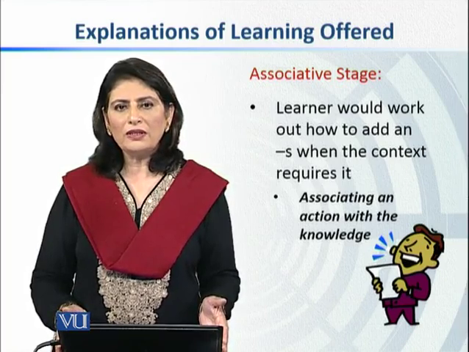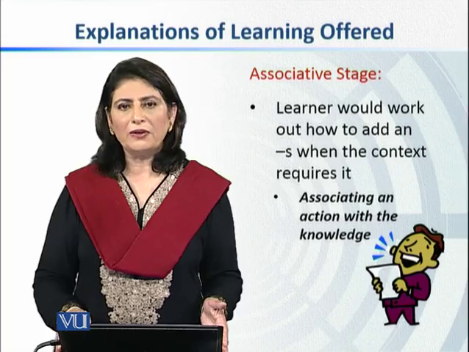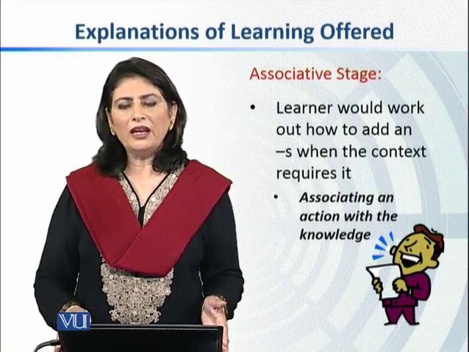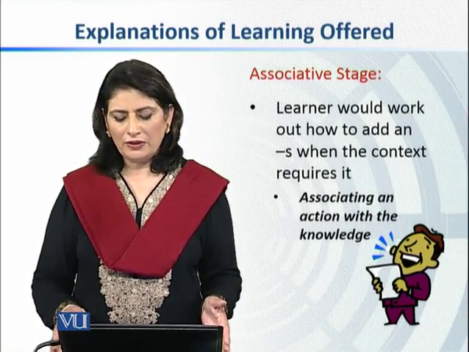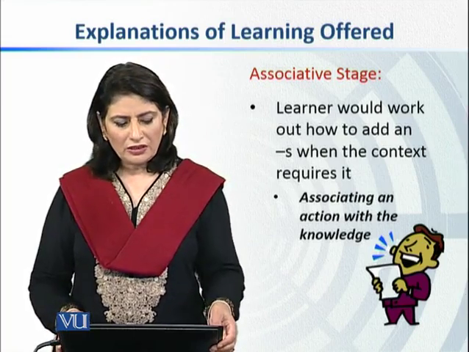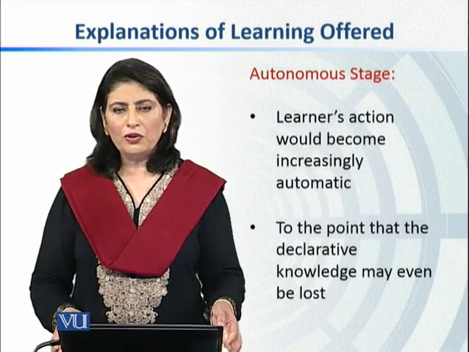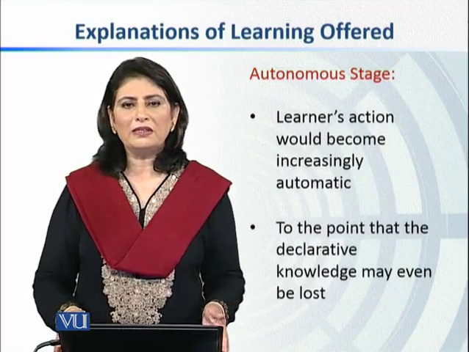When they actually start doing it, although making mistakes because they are consciously applying the rule, then it is the associative stage. The third stage, if you would remember, is the autonomous stage.